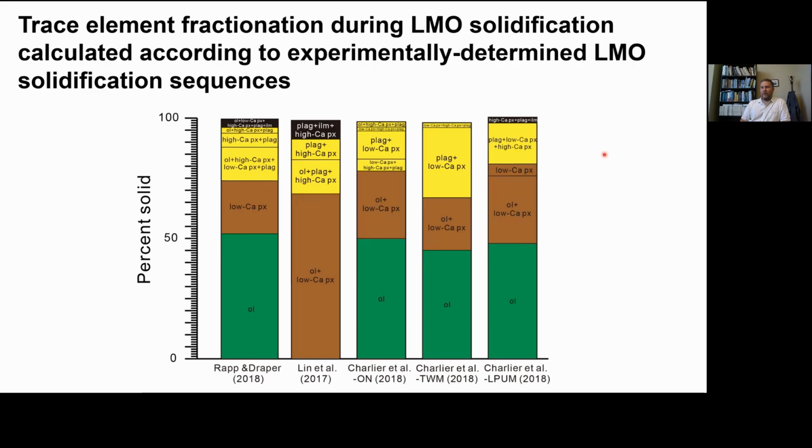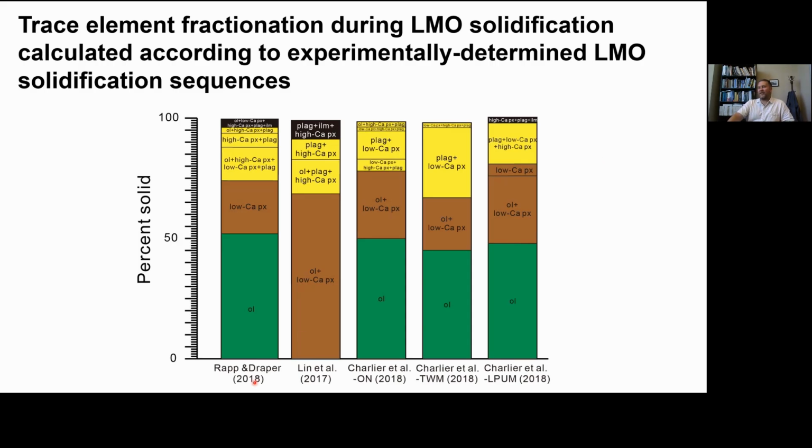Returning to the motivation here, the goal is to understand how europium would be fractionated by magma ocean solidification and relate it to lunar samples. That is possible thanks to some very labor-intensive experimental work that several groups undertook over the past decade or so, and published, I guess, coming out now 7 years ago for the most part, although a more recent study came out of the group in Switzerland.